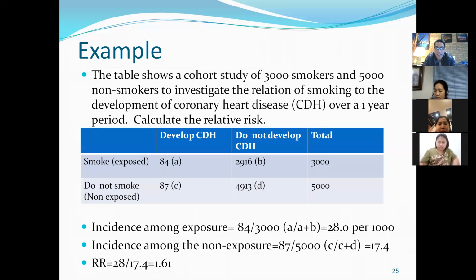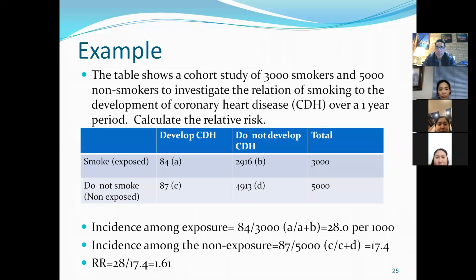So that's why 84 divided by 3,000 is 0.028, but it's 28.0 per 1,000.